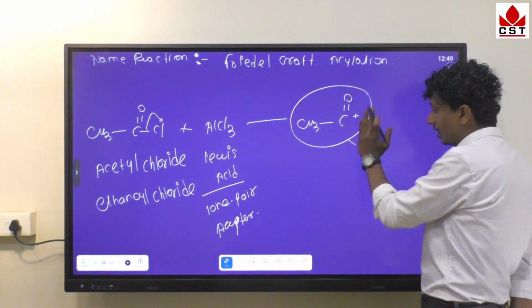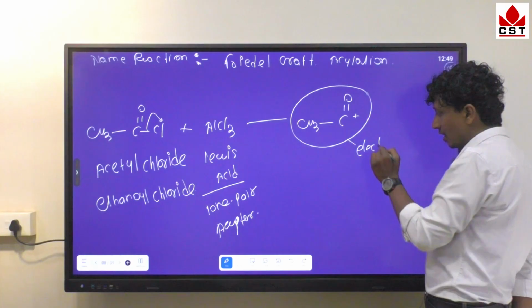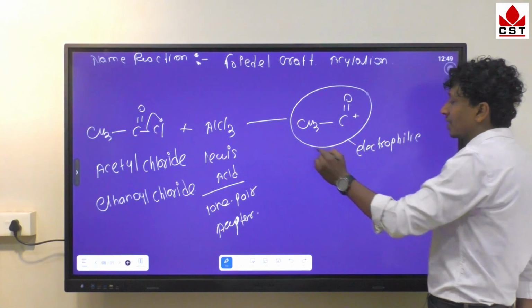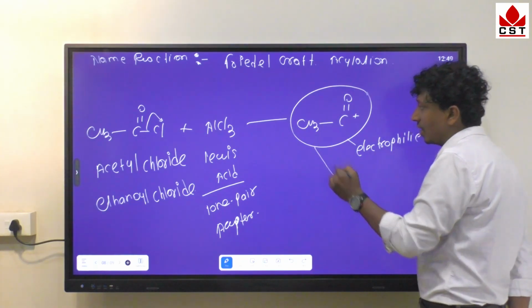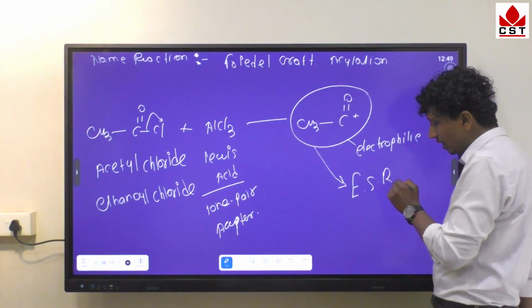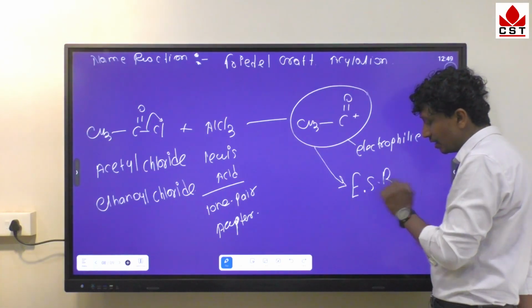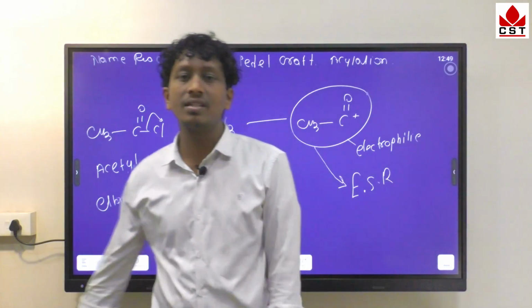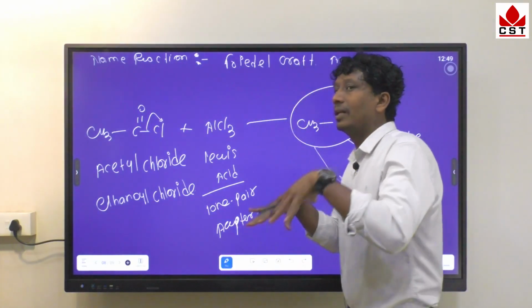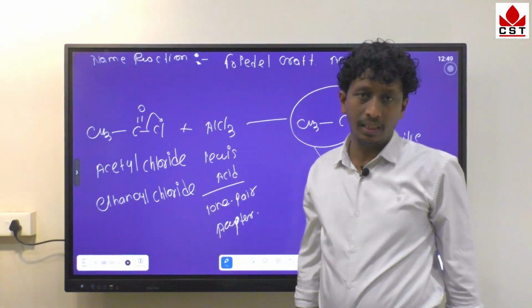A carbon carrying a positive charge is called an electrophile, and the introduction of CH3CO positive in such a reaction is called ESR, the electrophilic substitution reaction.